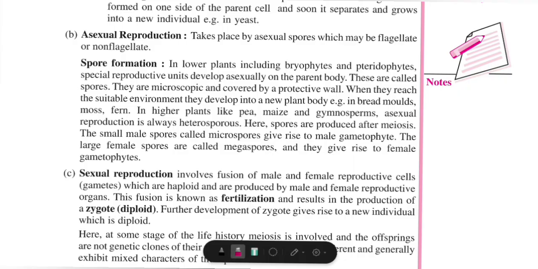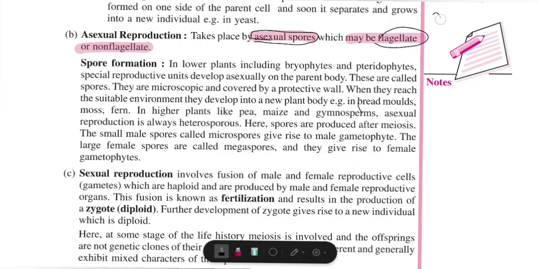Now, the asexual mode of reproduction occurs in plants by asexual spores. These asexual spores may be flagellate or non-flagellate. What do you mean by flagellate or non-flagellate? Basically it means they can move.